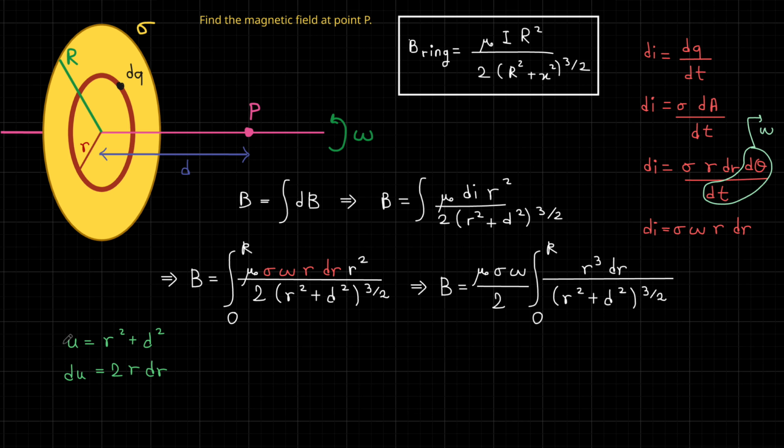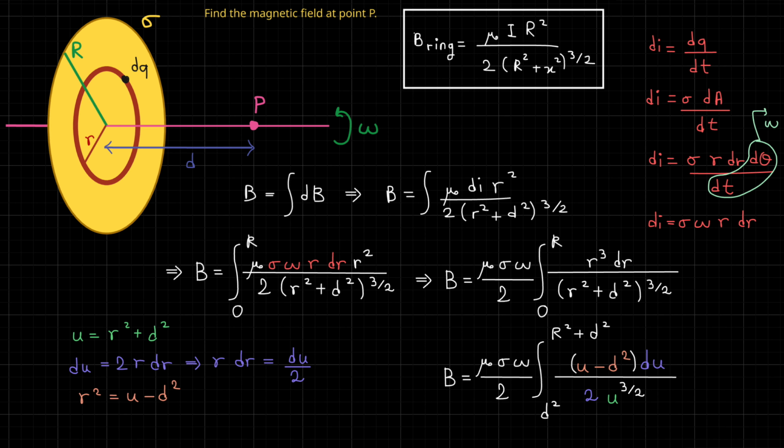Rearranging this first line, we have r squared equals u minus d squared. Let's substitute these into our integral. I have used different colors so it's easier to follow the substitution. Also note that our integral limits have changed because we did a variable substitution. Now the integral runs from d squared to capital R squared plus d squared.